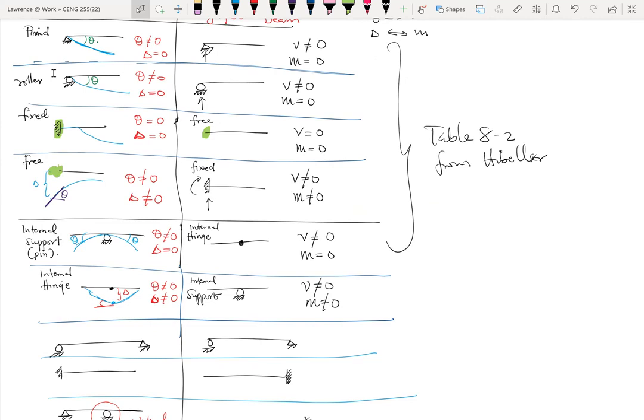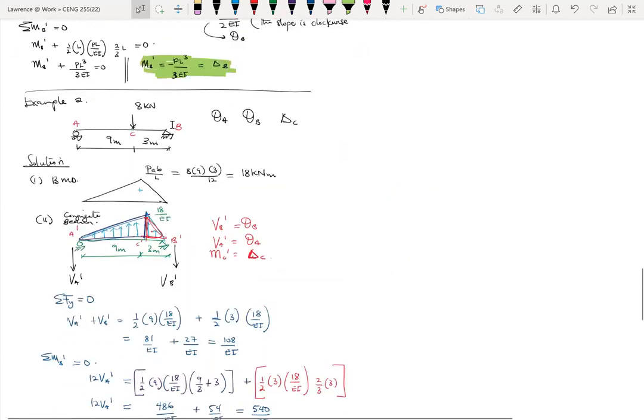So we solved two examples, a cantilever and a simply supported beam, to appreciate the procedure involved in arriving at expected results, right?